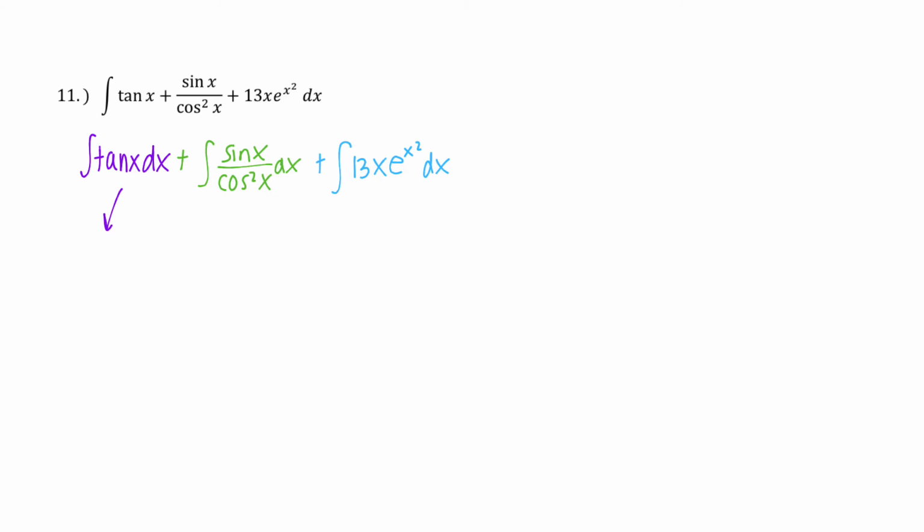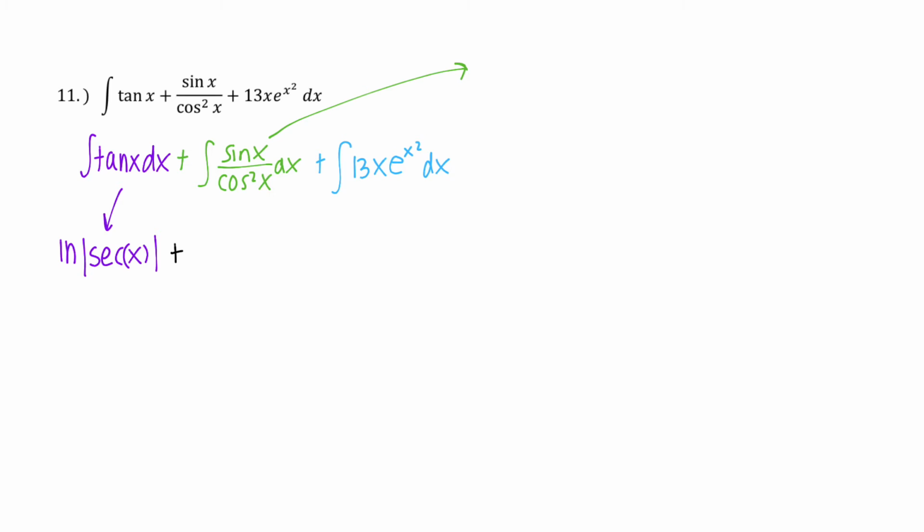Now, this guy right here, tan x dx, on the very last day of class, we got some integrals for that. So he has the antiderivative ln of absolute value secant x. That's just flat out his integral.